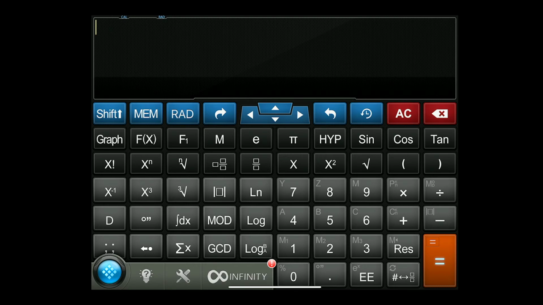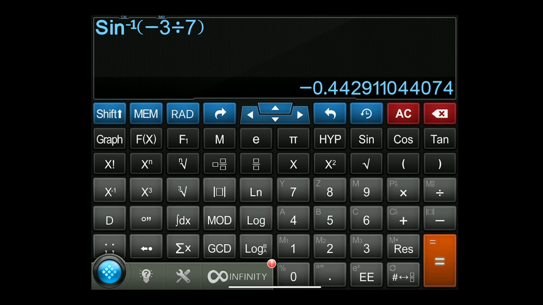How am I going to get a sine inverse? Yeah, okay. So shift sine inverse, and it was -3/7, parentheses. I'm in radian mode, right? We're supposed to be in radian because they talked about -π/2 to π/2. Those are radians. So sine inverse -3/7. Enter. There you go, it has it.